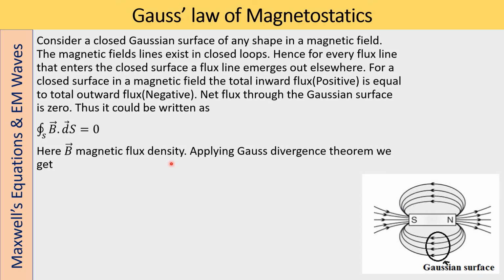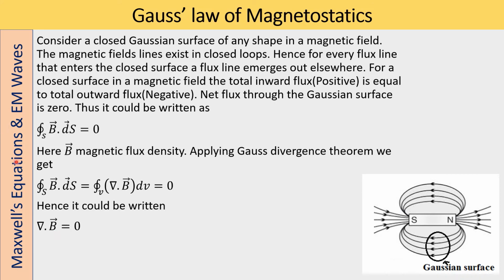Applying the Gauss divergence theorem, which is the relationship between the surface integral and the volume integral, the surface integral of B dot ds is equal to the volume integral of divergence of B into dV. But we know that the surface integral of B dot ds is equal to 0, so therefore this is also 0. Hence we can write the divergence of B is equal to 0. So this is Maxwell's second equation.